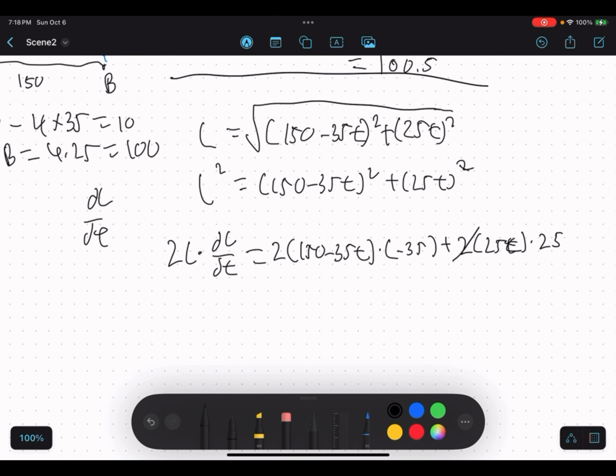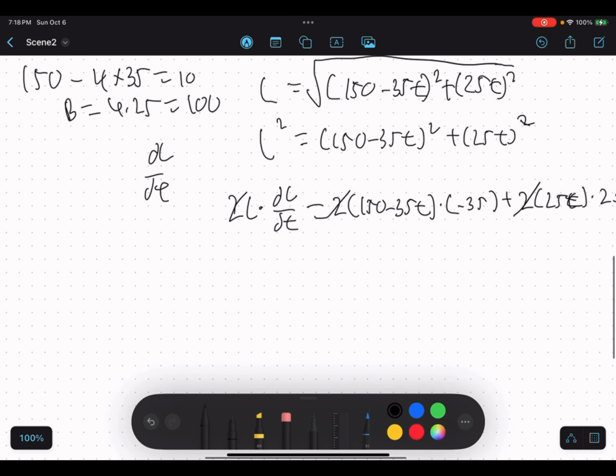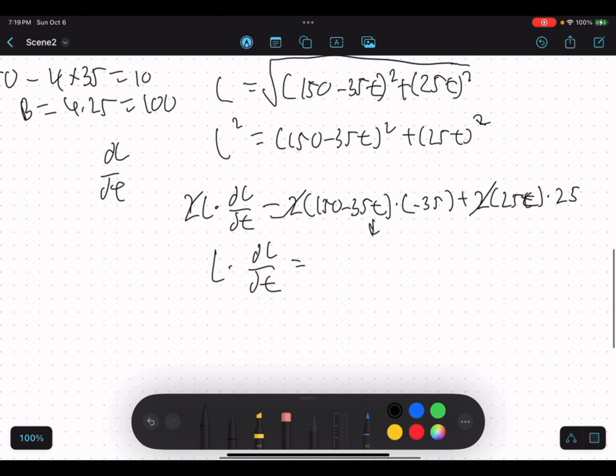Cancel out the 2 on all sides, and what we get is L times dL over dt equals 2, and we know time is 4 hours. This one's 4, this one's 4, and you should get this.